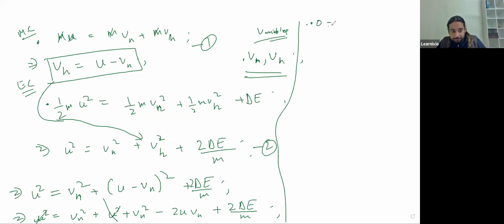You have 0 is equal to 2 times Vn square minus 2 times u times Vn plus 2 delta E over m. So let's cancel the 2's, and you have Vn square minus u times Vn plus delta E over m is equal to 0. Is this clear till now?